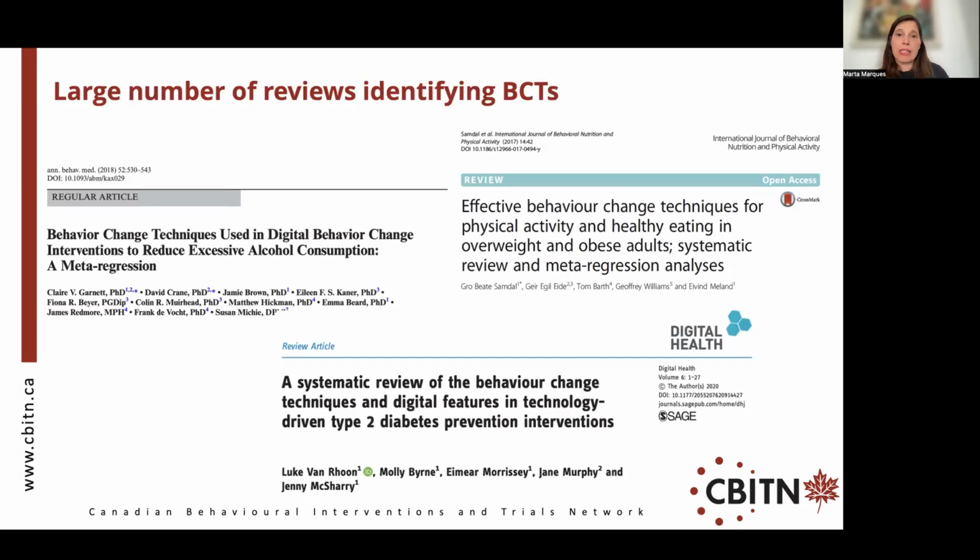Depending on what you're interested in, you will find that in a search in the typical databases that we use. Some examples here: a meta-regression on behavior change techniques used in digital behavior change interventions for alcohol consumption, behavior change techniques for physical activity and healthy eating in overweight and obese adults, and another example of a systematic review looking at behavior change techniques in digital interventions for type 2 diabetes prevention.